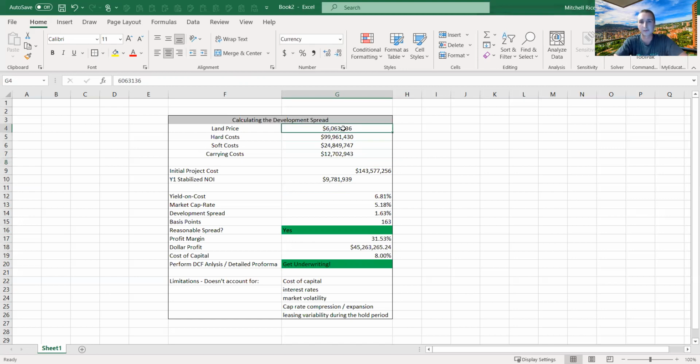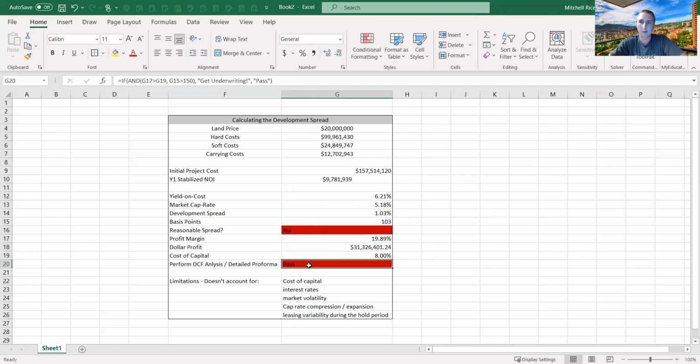So watch what happens. He told us that our land price would probably be more like 20 million. So yeah, we were way off. Oh, I just did 2 million. But you'll notice that when we do 20 million, we now see that it's not a reasonable spread. Our development spread is just over 100 basis points. And if the typical developer targets 150 to 250, right there with this back of the envelope, it's probably not a good deal.